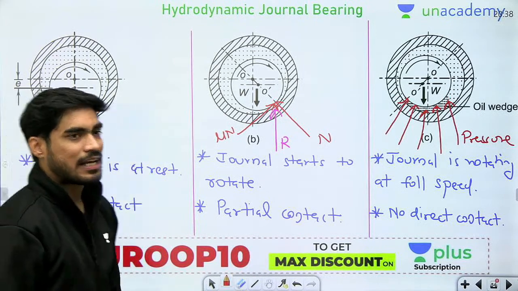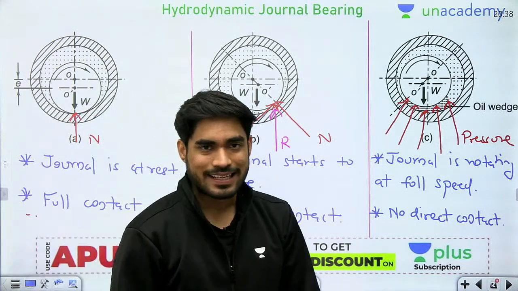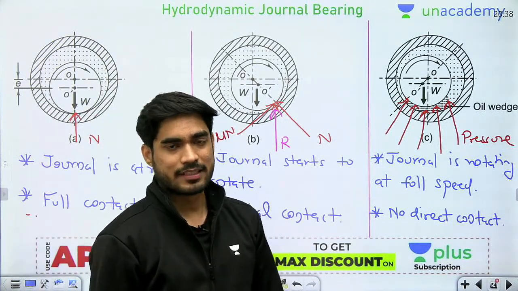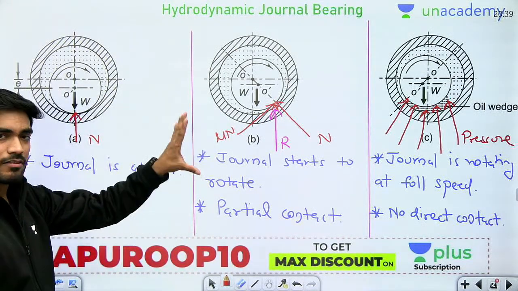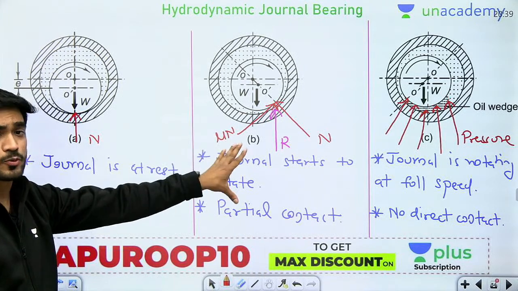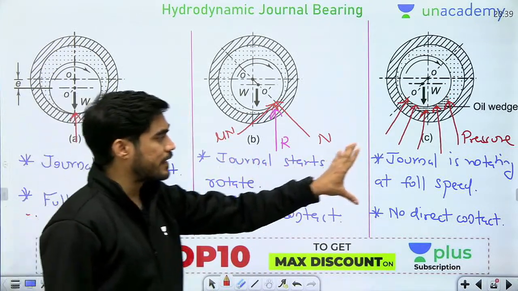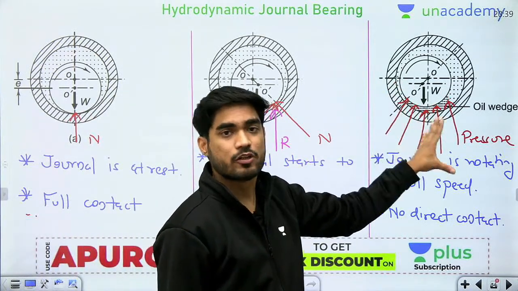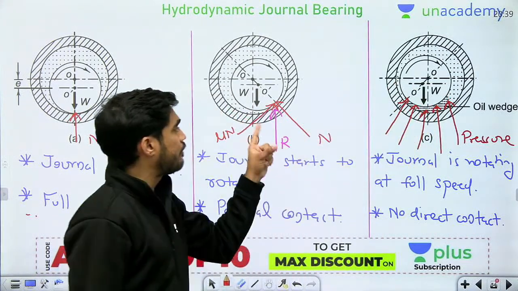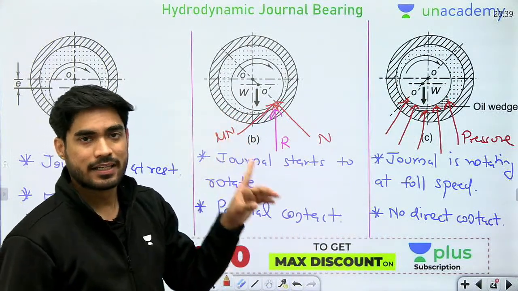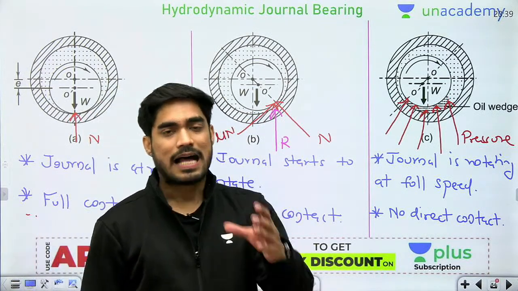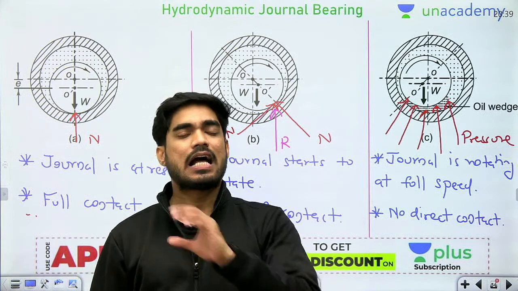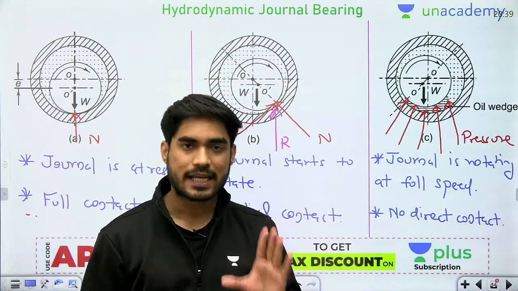Now in case of journal bearing, what is the problem? In case of journal bearing, initially when the shaft is rotating at low speed, when it has not reached its operating speed, full speed, then beta there will be partial contact, there will be thin film lubrication. हाइड्रोडायनेमिक जर्नल बियरिंग में हमेशा थिक फिल्म लुब्रिकेशन नहीं रहेगा.